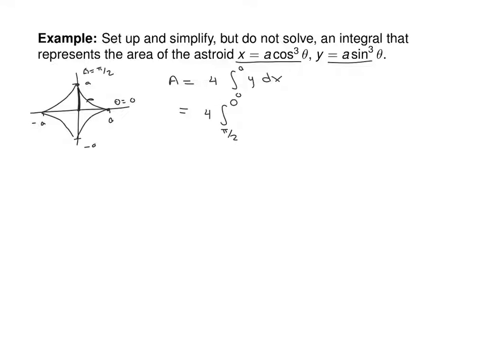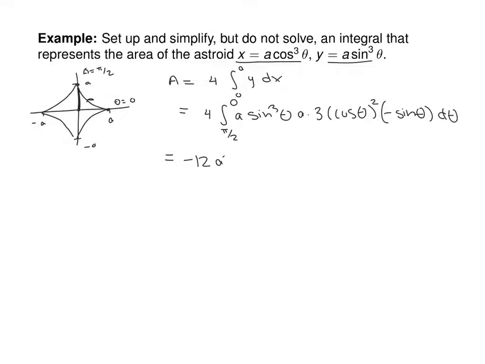The y is a sine cubed of theta, and then differentiating x, you've got to remember the chain rule. So you're going to have a times 3 cosine of theta to the second, multiplied by the derivative of cosine, which is negative sine. And let's simplify this. So the 4 and the 3 and the negative can multiply, making negative 12.